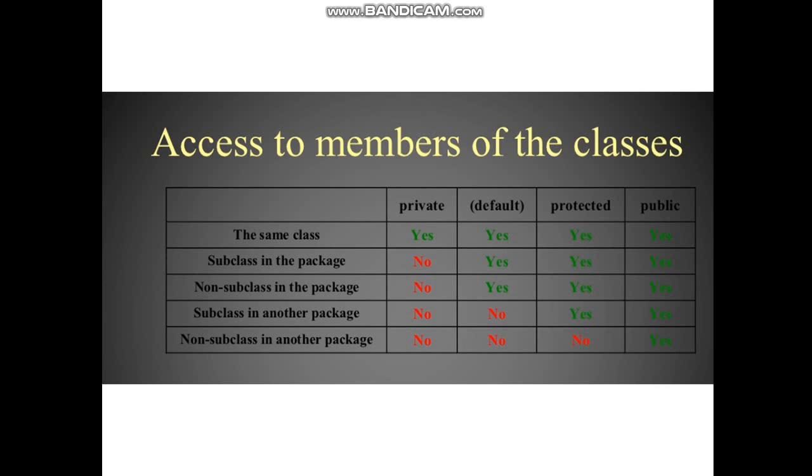So based on this, you can have different access specifiers: private, default, protected, and public. When you don't define any access specifier, it becomes the default access specifier. Otherwise, you have to specify the keyword private, protected, or public.